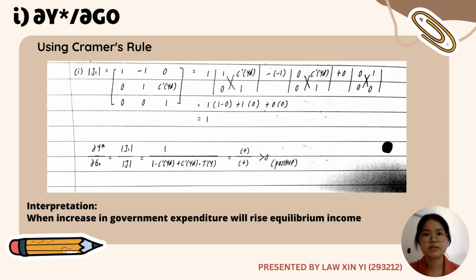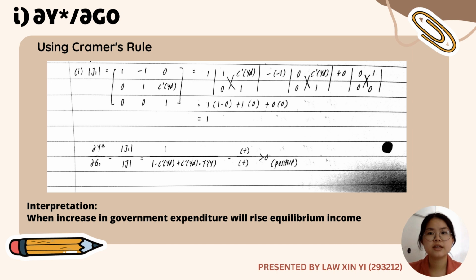To compute the determinant, remember we just take the top left entry, multiply it by the bottom right entry, and put a minus in between. And we take the bottom left entry and multiply it by the top right entry. So we get 1 plus 0 plus 0, which is equal to 1.